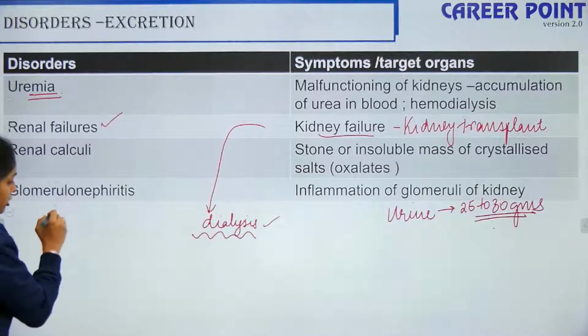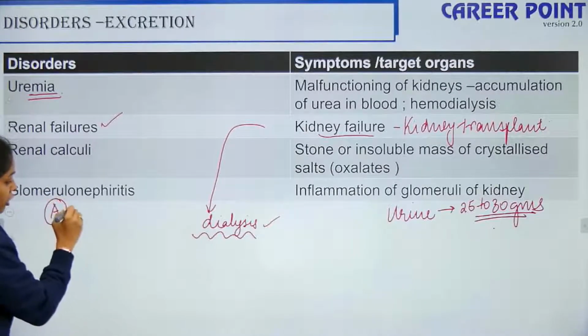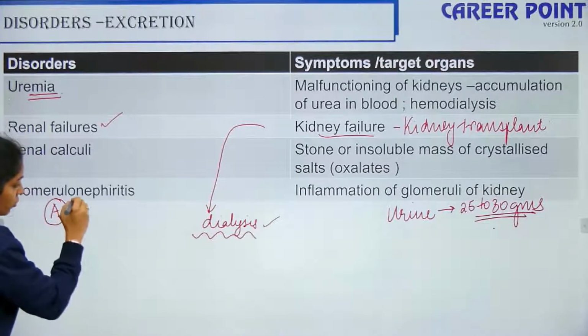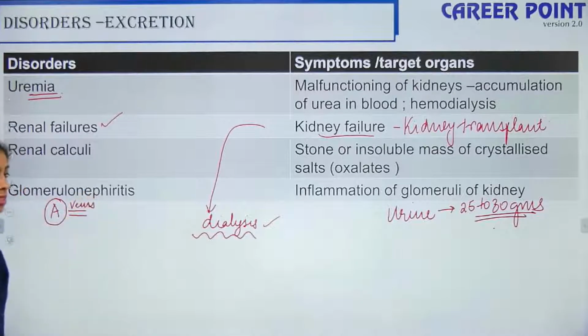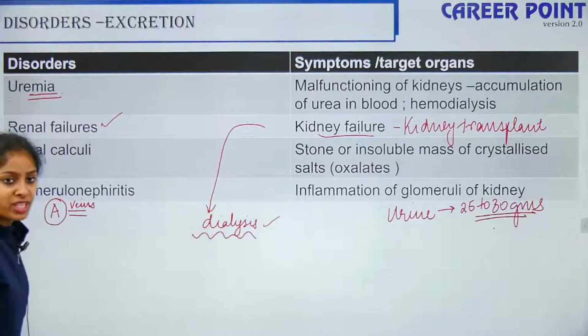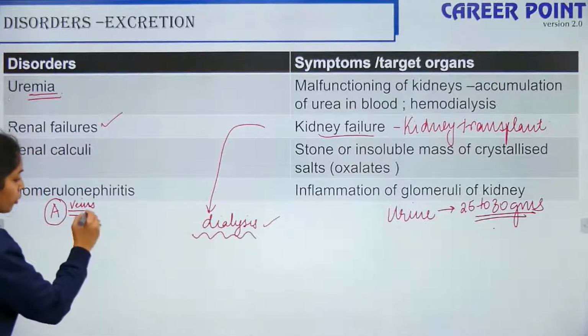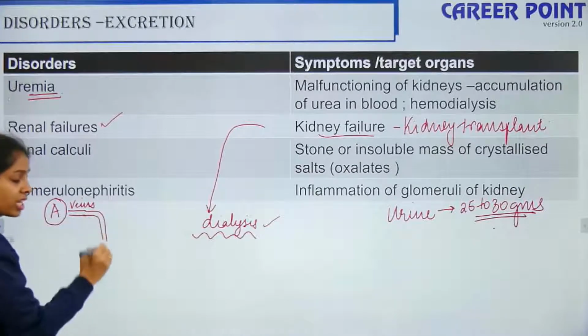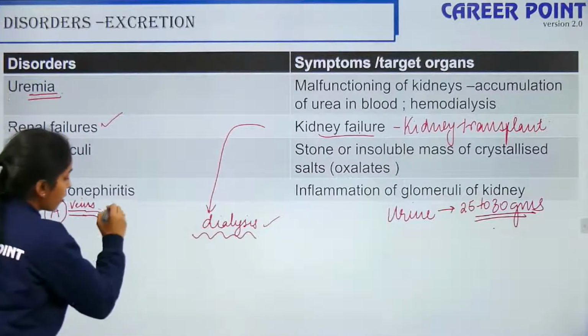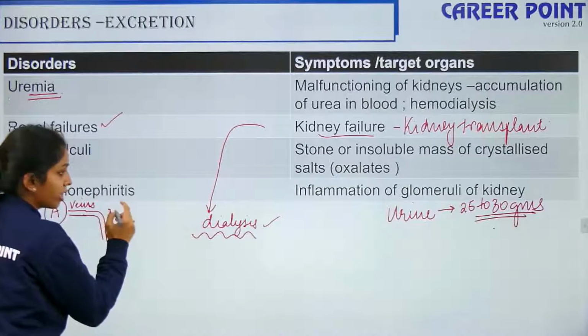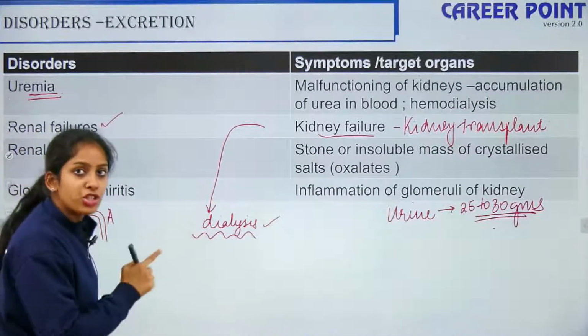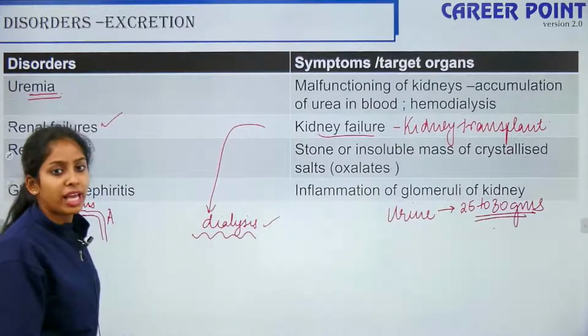If we have a patient A, from the patient's veins, we take out the blood. The moment the blood comes out of the blood vessels, it clots, right? But it should not clot. If it clots, we will not be able to filter.